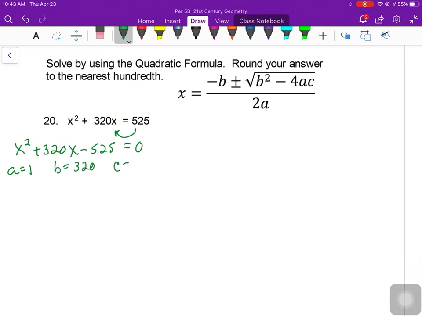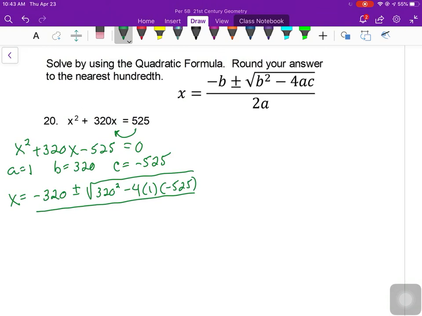A is 1, B is 320, C is negative 525. Putting it into the formula, negative b plus or minus the square root of b squared minus 4 times the a times the c, all divided by 2 times the a.